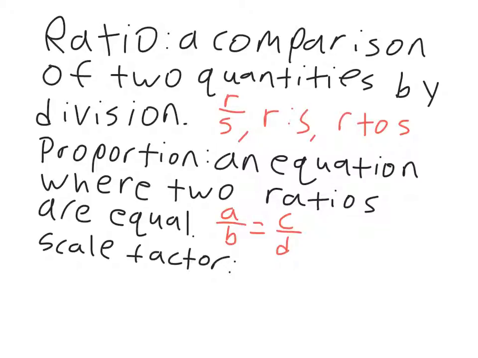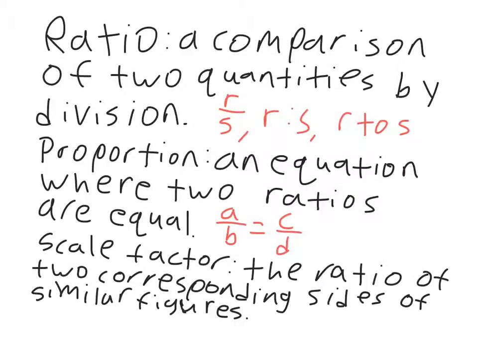Final vocab word is scale factor. Scale factor is the ratio of two corresponding sides of similar figures. So this is often used in scale models. So if you've got this really big object and you want to make a scale model of it, you need to make it smaller. But you want to make it proportional. You want everything to be the same ratio.